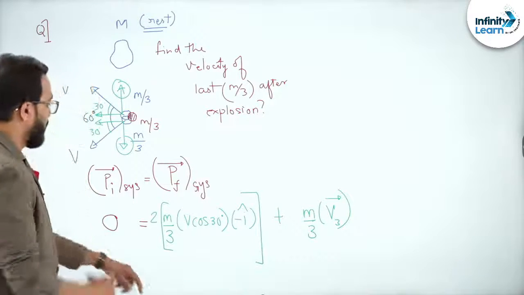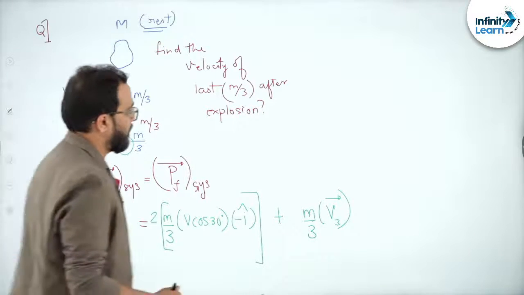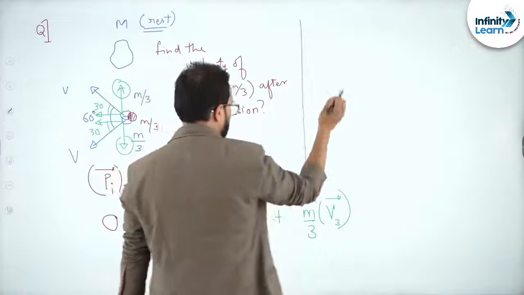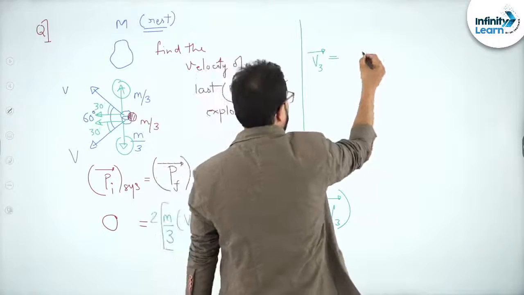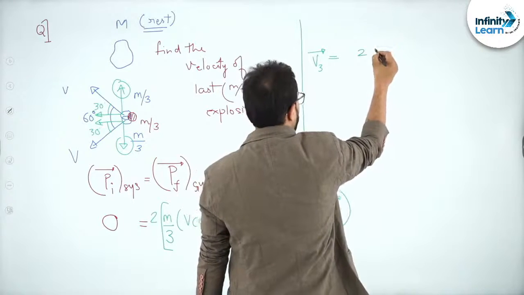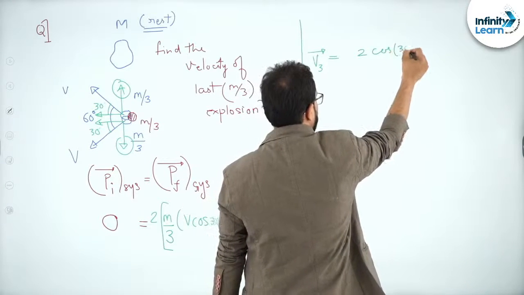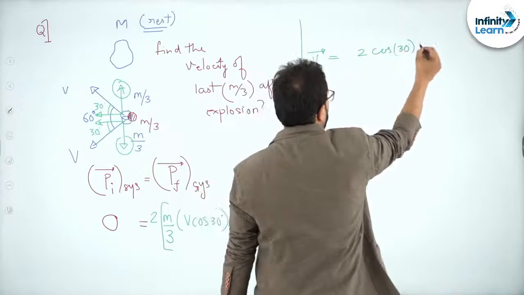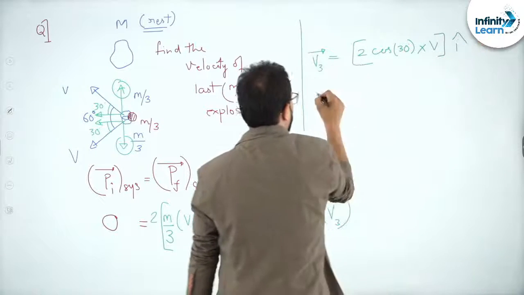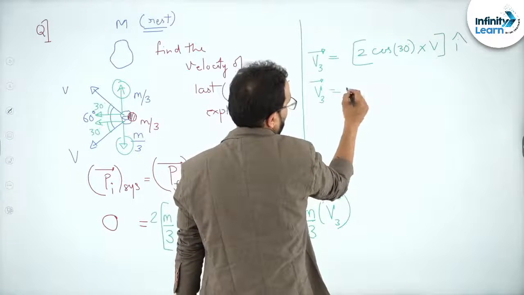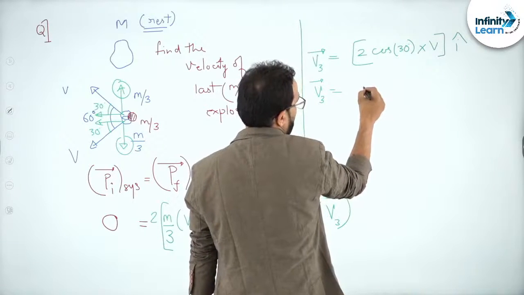Okay. So now if you equate them, you will find out the answer comes out to be vector v3 is 2 cos 30 degrees into v into I cap. Cos 30 is root 3 by 2.